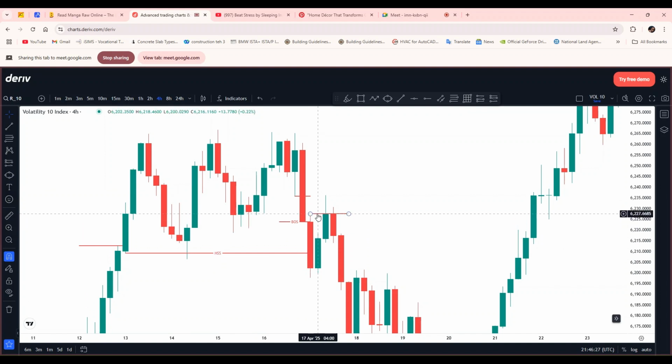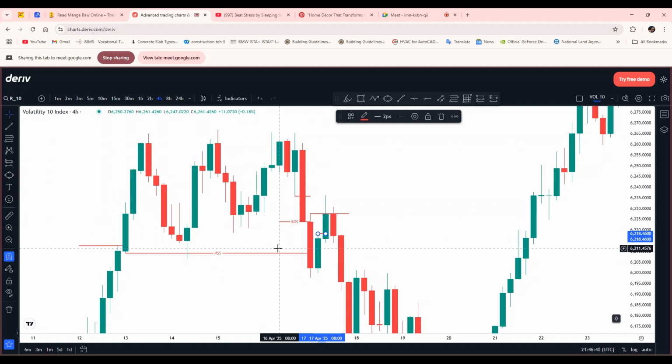So, your job here is to observe the bullish swing, which is going to be the retest after the break. And we clearly see that we had a break of structure here, which confirms it is actually a bullish swing.